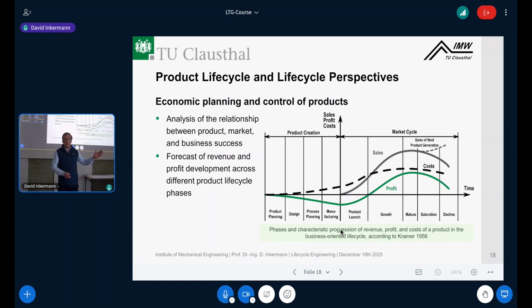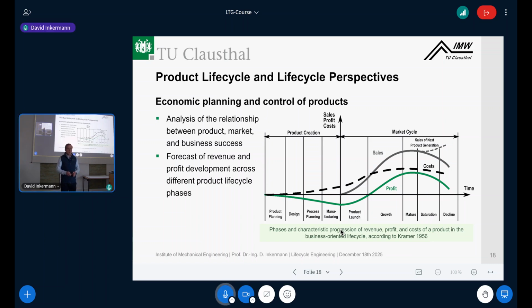If you consider the left-hand part of this figure, it's more the classical life cycle that we have analyzed, ending with the manufacturing. But then the phases shift because here we are considering the market cycle, yes? And that is this curve growing and then going down in the decline phase.